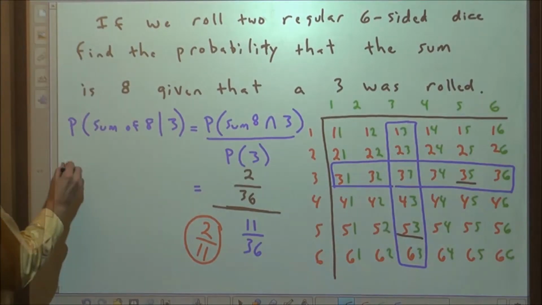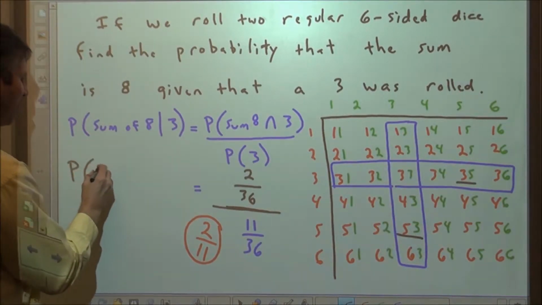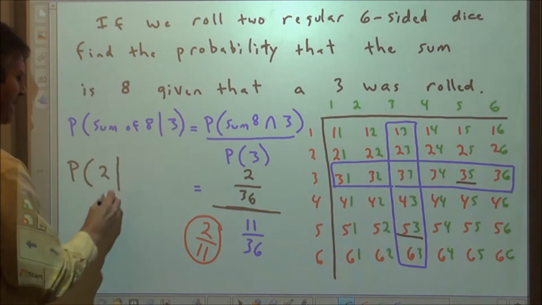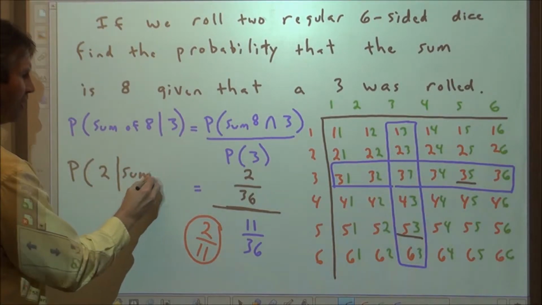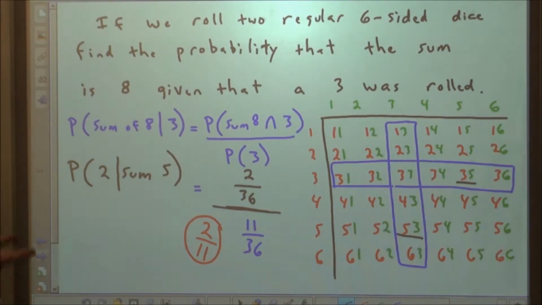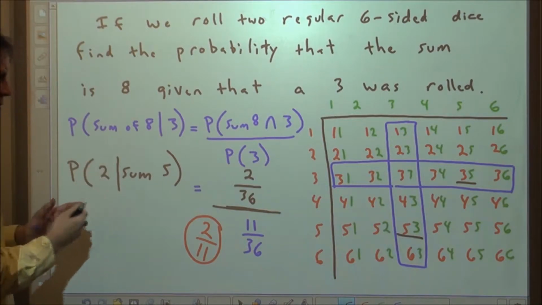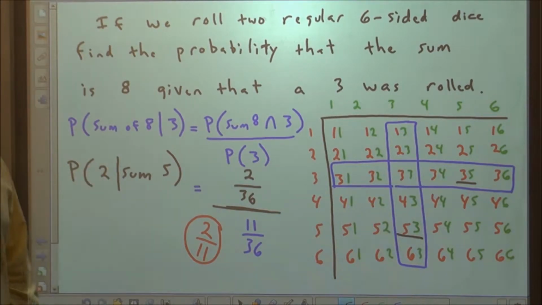I think if you try this problem, try this one. What's the probability that you rolled a 2 given that the sum of the 2 dice was a 5? So if you rolled 2 dice, what's the probability that you roll at least one 2 given that the sum on the 2 dice was 5?